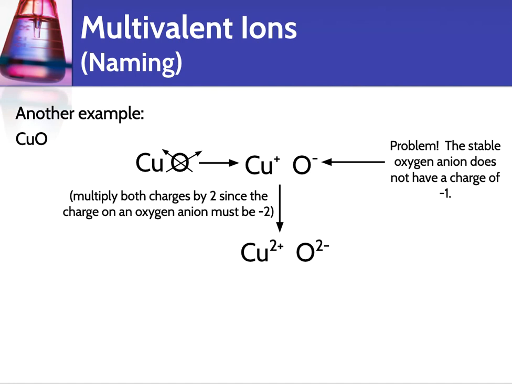So oxygen has a -2, and now copper is 2 plus. So this is copper(II) oxide. If you didn't take that extra step, you might have called it copper(I) oxide, and that would be incorrect. So you have to do that check to make sure that your nonmetal ion has the correct charge.